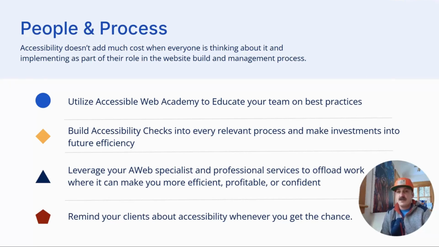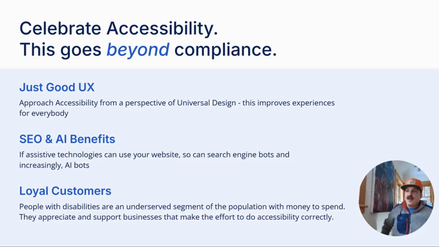Let them know that they're causing accessibility errors on their website and that they should use the Chrome extension to not do that, or contact your team to get some help. So the more you can talk about accessibility, the more it will stay front of mind, both internally and externally with your clients.